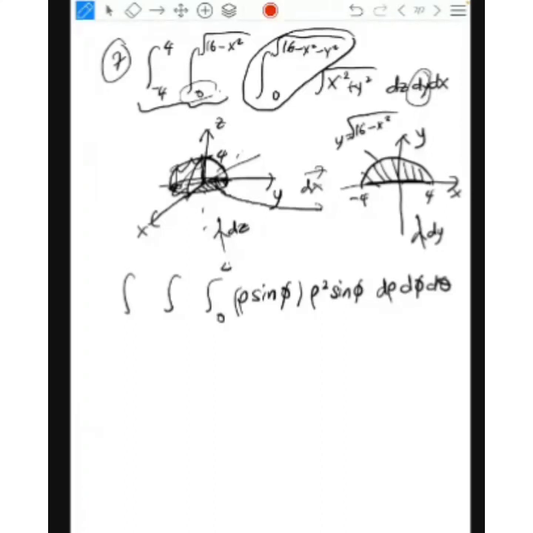Phi is from 0 until pi over 2. Sebab dia tak pergi sampai bawah kan, dia separuh saja. So daripada sini sampai sini saja phi awak. Okay. And then the theta, which is again 0 until pi. Okay, so 0 to pi over 2, 0 to 4. Rho kuasa 2, darab lagi rho sampailah rho kuasa 3.